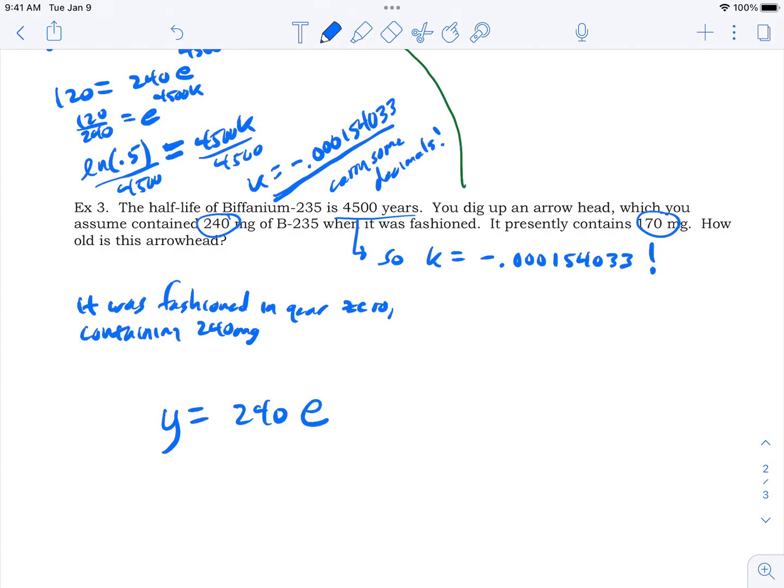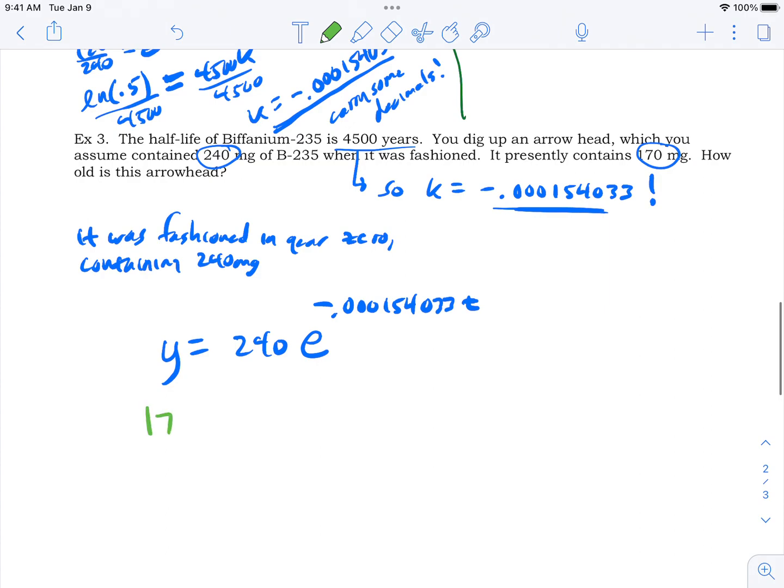E to the, and it's the same k. We already figured that out, right? 1540332. It's actually the same equation as we had in the previous example. But now it has 170. Okay, new color. Now it has 170. The 170 goes here.